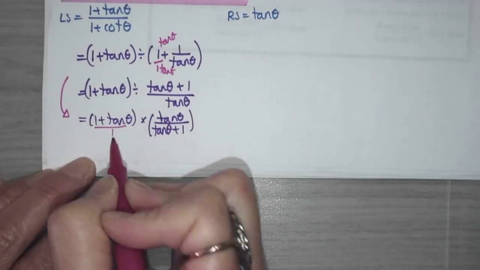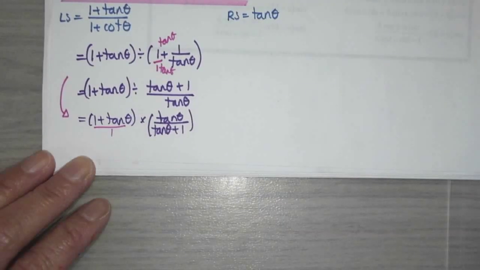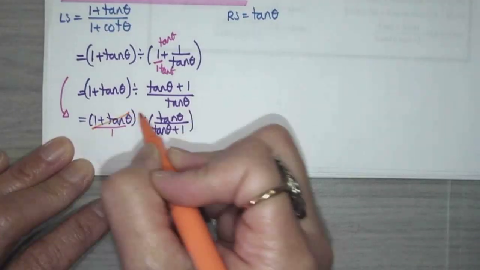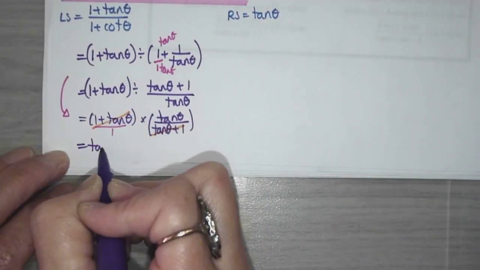So that, and again, you don't have to show the over 1, but look, 1 plus tan and tan plus 1 are the same thing, right? Those are the same binomial, 1 plus tan and tan plus 1, so I can cancel them, and look, I'm left with tan.